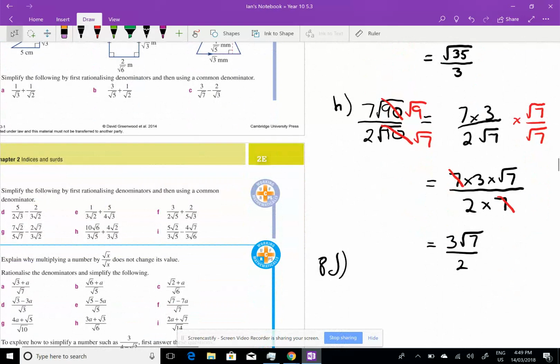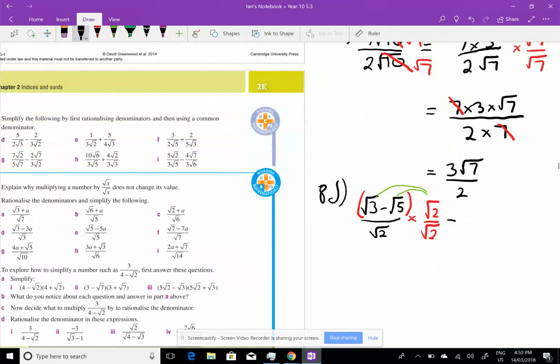Well, again, just look at the denominator. That's all I'm worried about rationalising. So I'm going to multiply by root 2 and root 2. Now I've got to remember that these things are grouped because they're on top of the vinculum, which means I've got to do root 2 times that and root 2 times that.